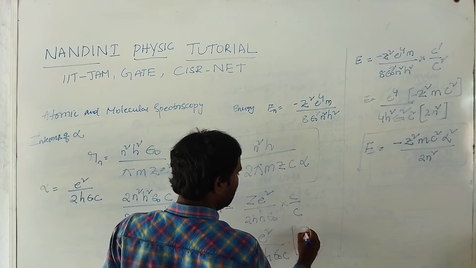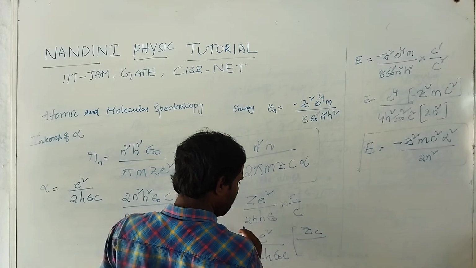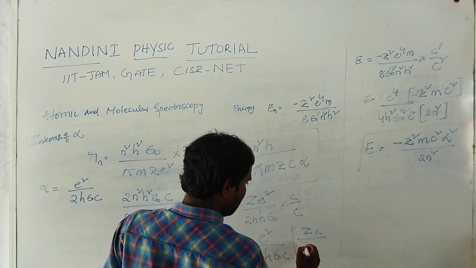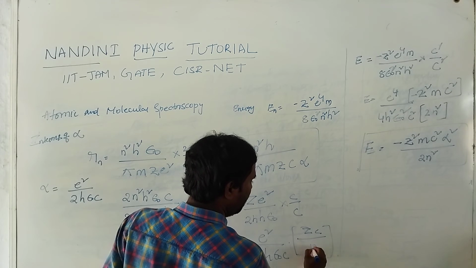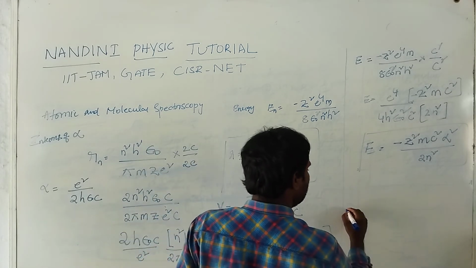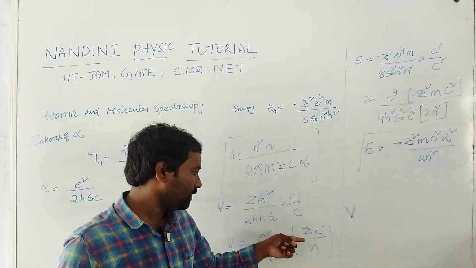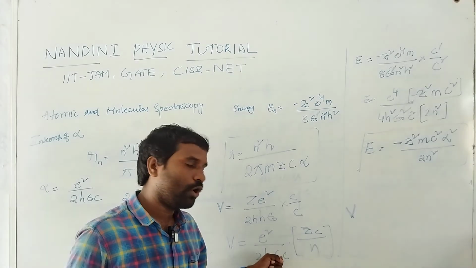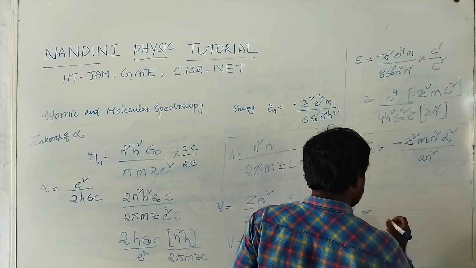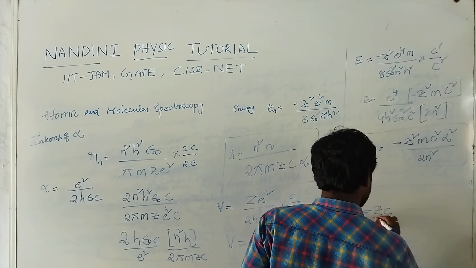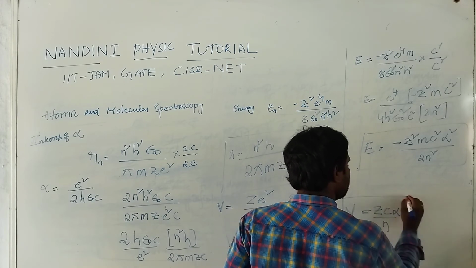So the remaining terms are Zc divided by 2h epsilon naught c common, only n. Okay, only n. So this is velocity v is equal to e square divided by 2h epsilon naught c. This value is alpha. So finally this is equal to Zc alpha by n. So this is the velocity formula.